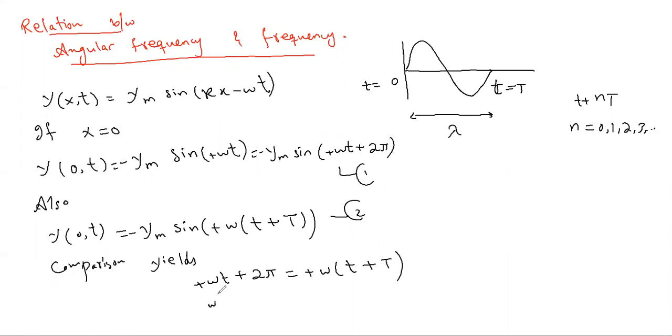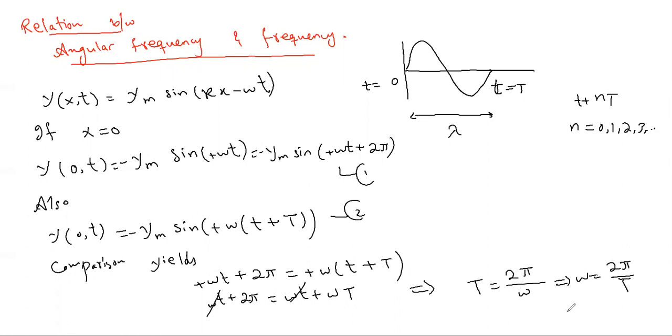So this will just be omega t plus 2 pi, omega t plus omega t. So this will be cancelled with this, and you will get T is equal to 2 pi by omega, or omega is equal to 2 pi by T. It also equals 2 pi f.